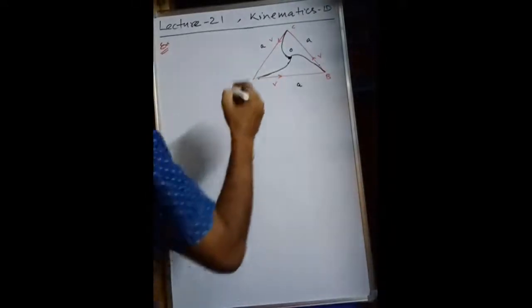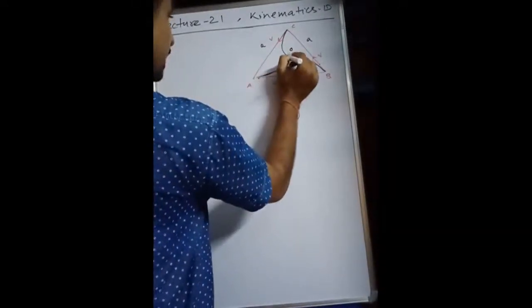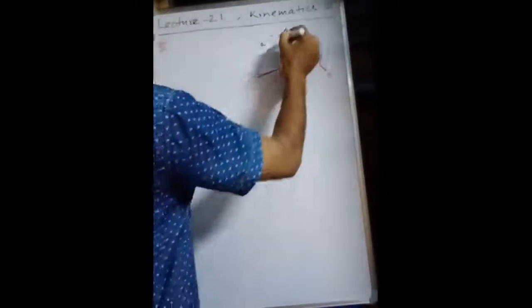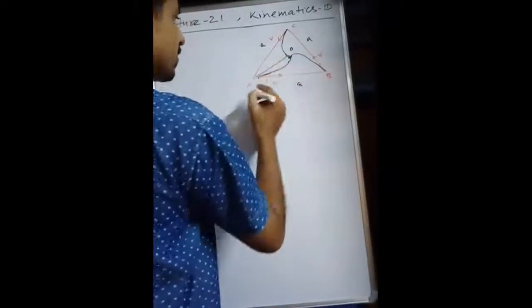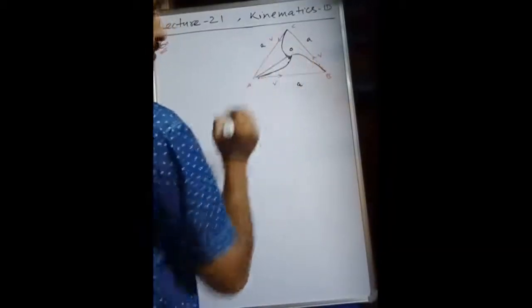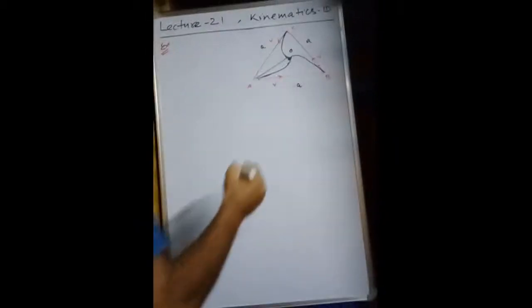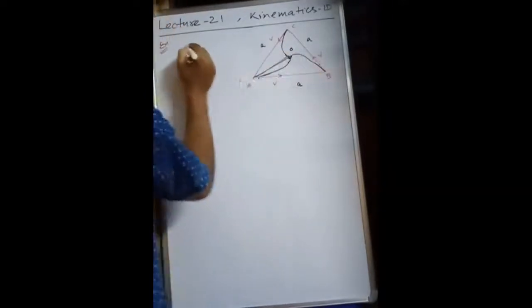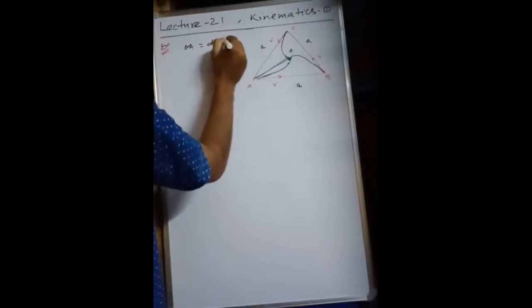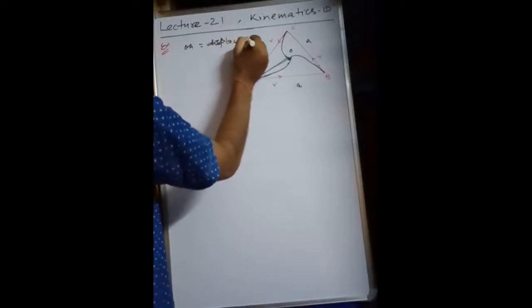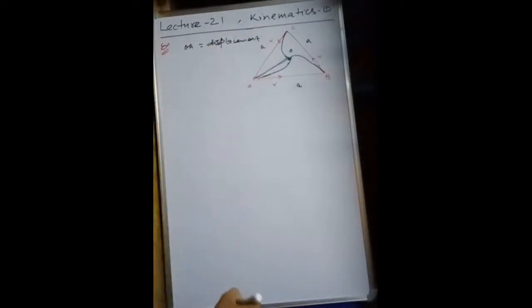My dear student, you can see this one is the displacement of student A, and these are for students B and C. If this is the displacement OA, this will be the displacement. I hope you understand.